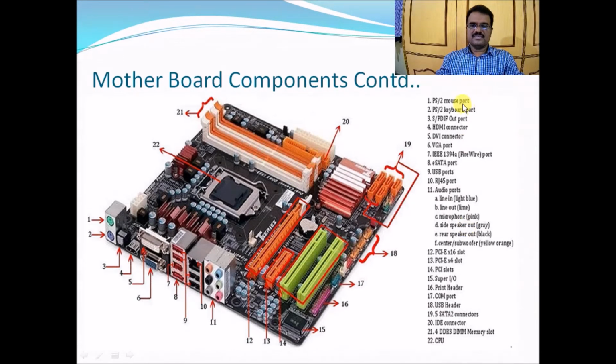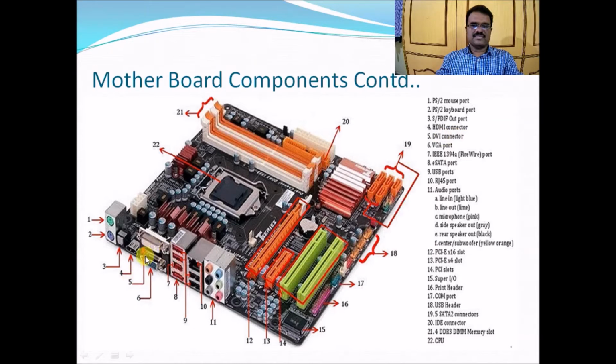So if we try to identify, this is the list available on the motherboard. Number 1 is the PS2 mouse port, and number 2 is the PS2 keyboard port. Then the S/PDIF output port, and the fourth one is the HDMI connector, high definition multimedia interface. The fifth one is the DVI connector.